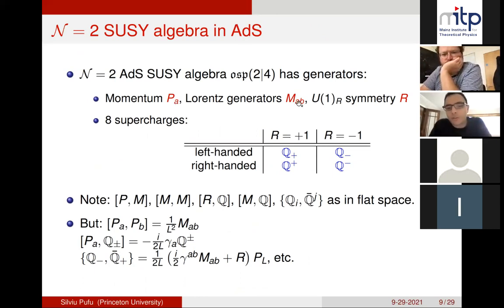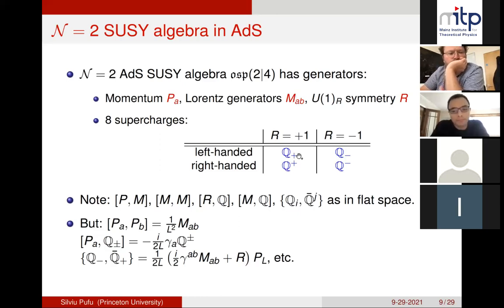There's Lorentz generators, local Lorentz generators, and the U(1) R symmetry generator. In addition, there's 8 supercharges because 2 times 4 is 8. There's 4 of them that have R charge +1 and 4 of them that have R charge -1. And I wrote them here with the corresponding indices that denote their R symmetry.